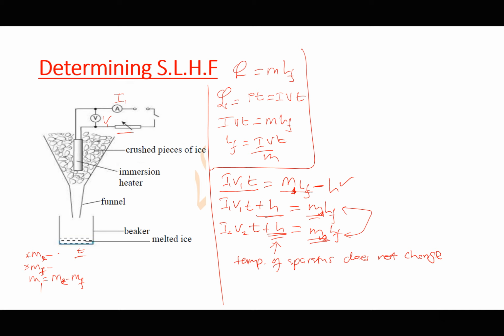That's why in the first attempt I used H, in the second attempt I'm still using H. The temperature of the apparatus does not change, meaning that the rate of heat exchange with the surrounding does not change.